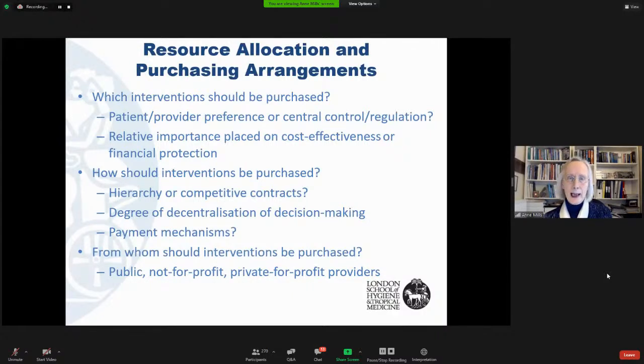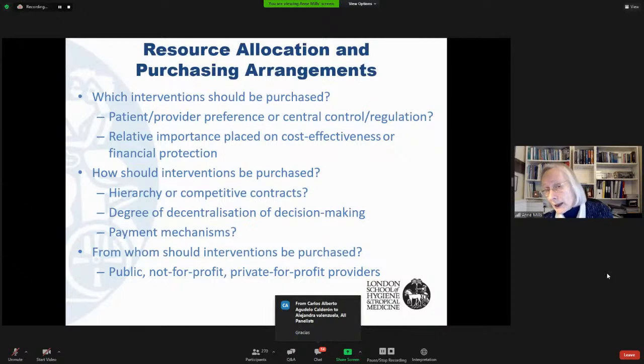Does the health system regulation leave it to patients or providers to determine what health services and interventions are needed, or is there central control and regulation? And where there is central control or regulation, what emphasis is placed on cost effectiveness as a prioritization mechanism? Or indeed, is financial protection given equal or greater emphasis in those decisions on service provision?